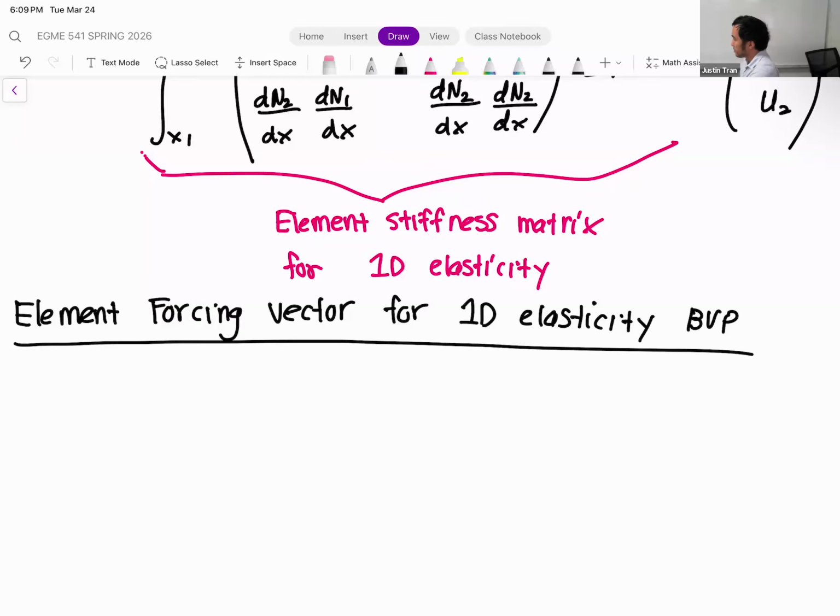The element forcing vector, like I mentioned, is something we've mostly neglected up until this point, but it's always been there. It's just that we've applied it in a different way in direct stiffness. Every element in a finite element problem always has an element stiffness matrix and an element forcing vector that describes the physics of that particular element.